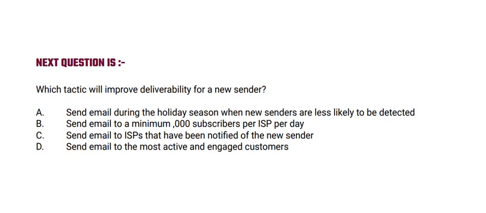Option C, send email to ISPs that have been notified of the new sender. And option D, send email to the most active and engaged customers. The correct option is option D.